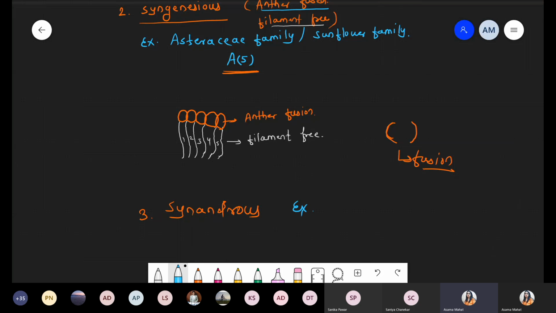Under this, simply write the example cucurbits. Cucurbits is one family, and in that family there is one category, cucurbits. So cucurbits will show the synandrous condition, where both the filament as well as the anther part show fusion. So is this part clear, everyone? Okay, this part is clear.